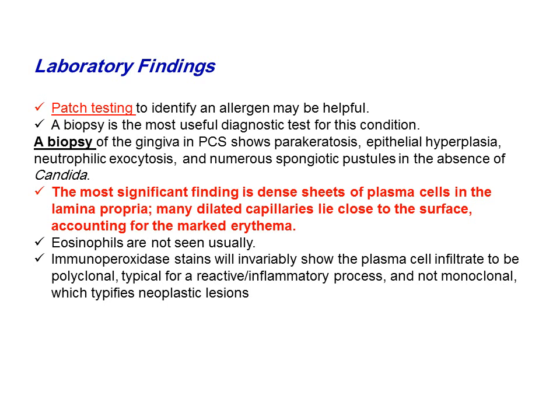The most significant finding is a dense sheet of plasma cells in the lamina propria, with many dilated capillaries close to the surface, accounting for the marked erythema. Eosinophils are usually not seen. Immunoperoxidase stain will invariably show the plasma cell infiltrate to be polyclonal, typical of reactive inflammation. So, because there is a dense sheet of plasma cells, it is called plasma cell stomatitis.